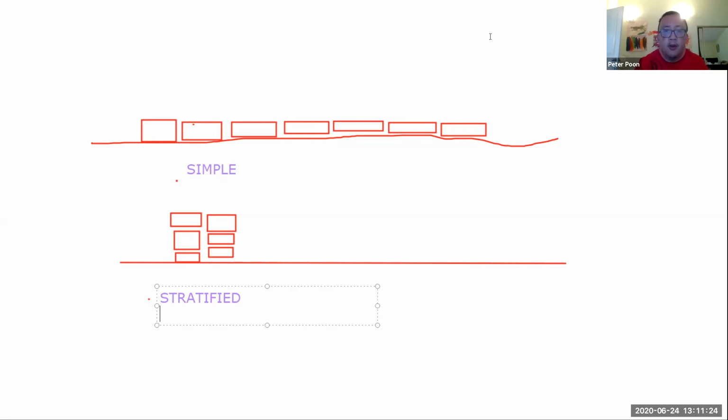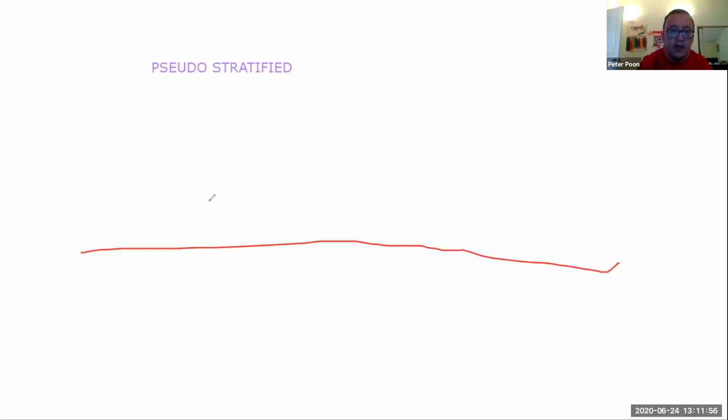Okay. So now I'm gonna explain one more detail here. The word is pseudo-stratified. Okay, pseudo-stratified epithelium. Okay, looks like this. Okay, I have one tissue layer here.